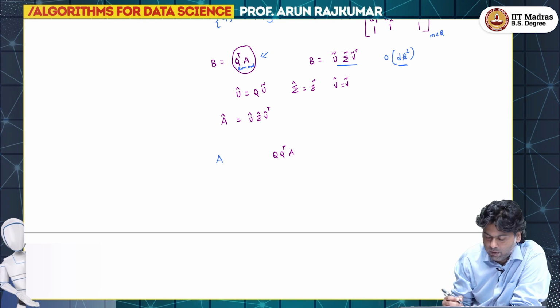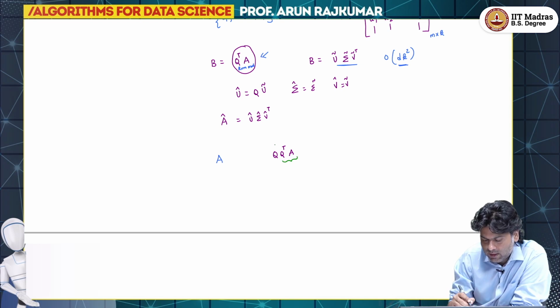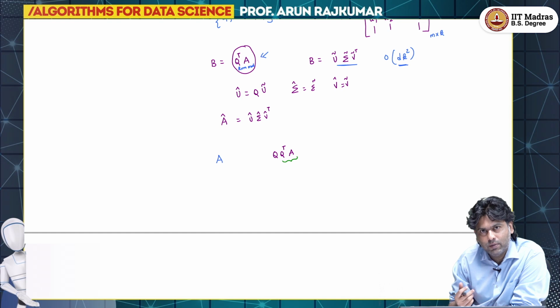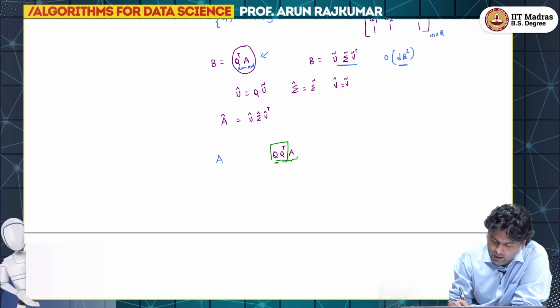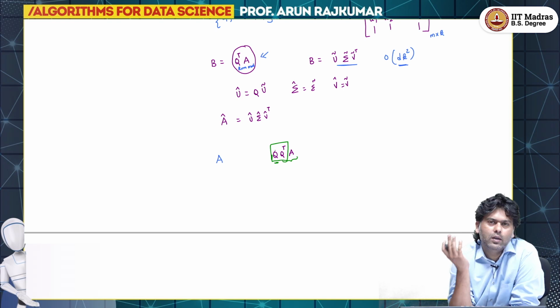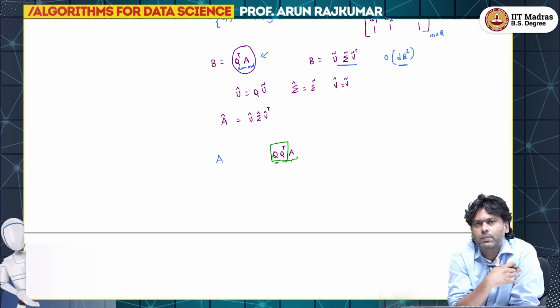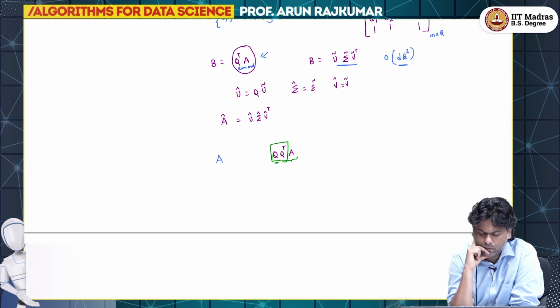So that's essentially what we have done. Q transpose A is our B, and we obtained the SVD from that, and then we pre-multiplied it by Q. So essentially what we have done is we have projected the columns of A onto the subspace spanned by Q, where Q is just the top k left singular vectors of A, right.